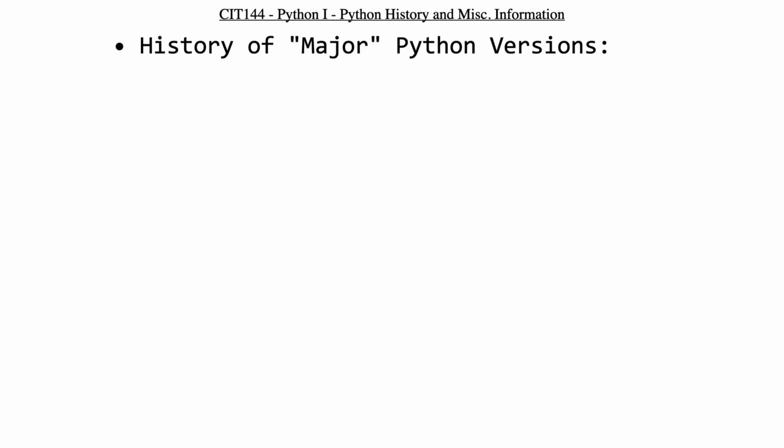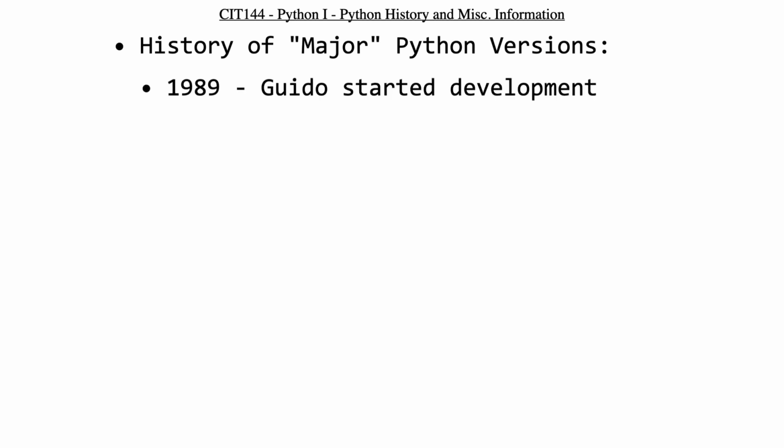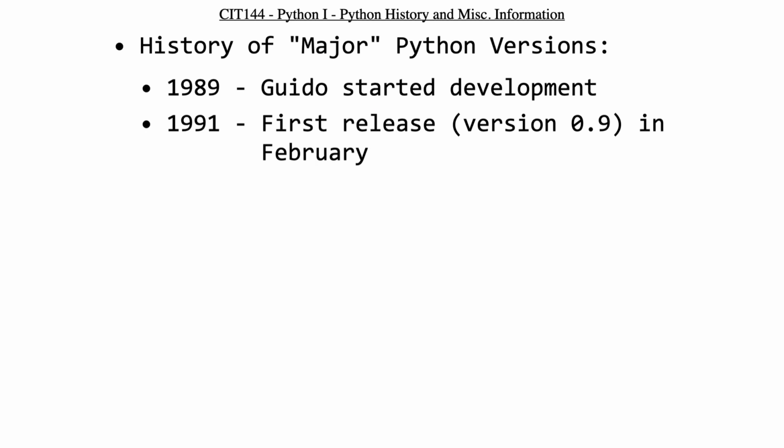So I told you that Guido started developing this on the side. He started developing it in 1989. A couple years later, in February 1991, he released Python to the public, and at that point he was calling it version 0.9.